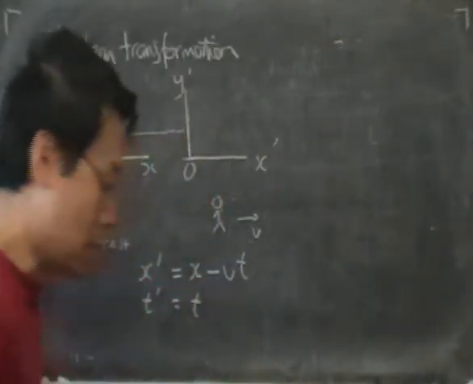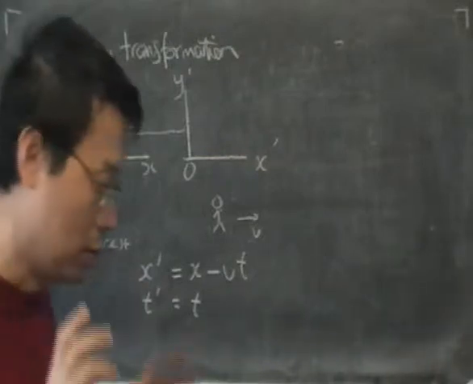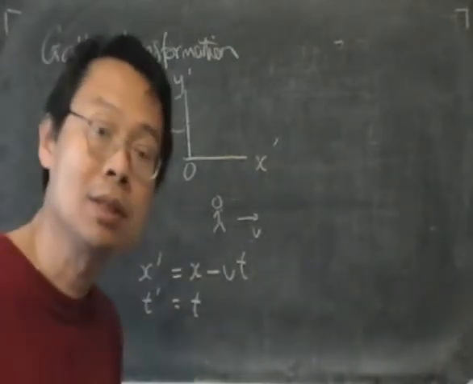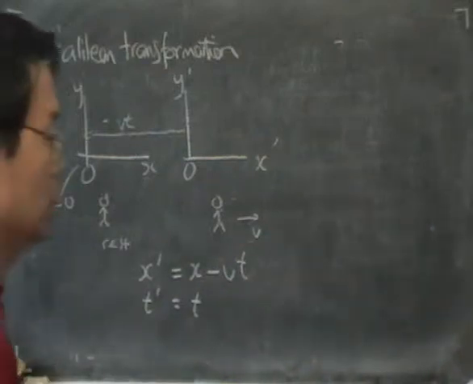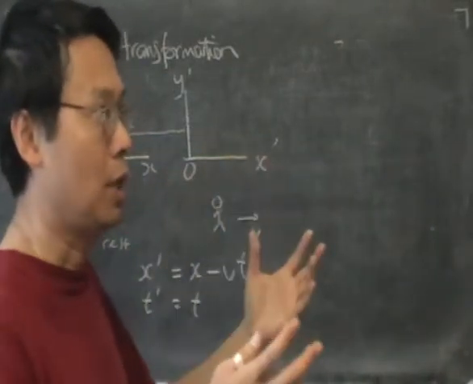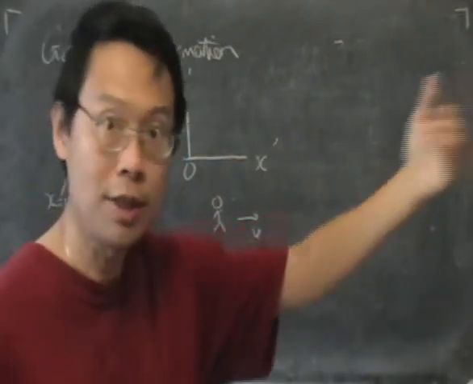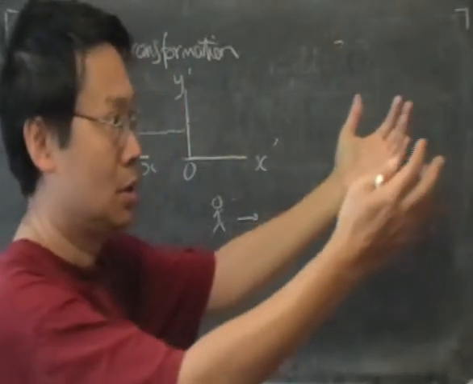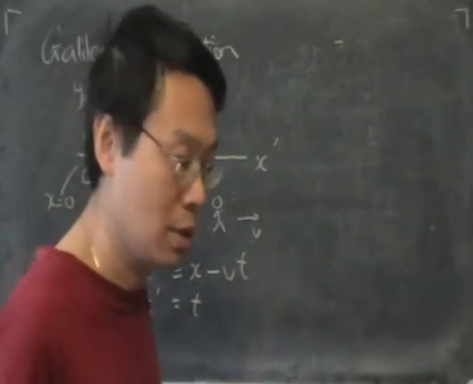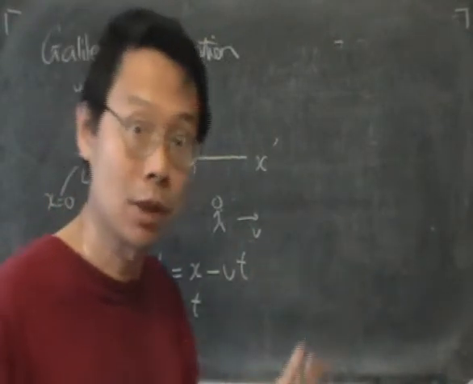But what this method implies is that, for example, if you have a light coming towards you, if someone shines a torch at you, imagine that we can measure the velocity of the incoming light, we would find a certain velocity.